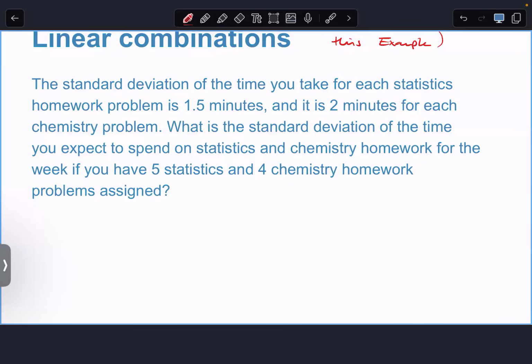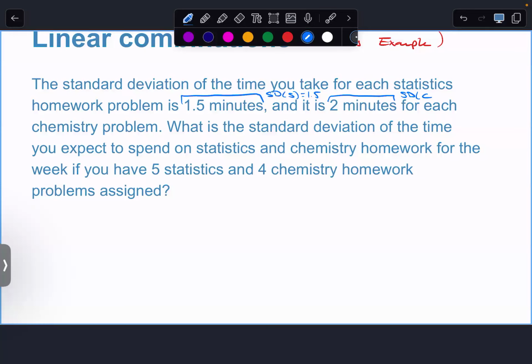The standard deviation of the time you take for each stats homework problem is 1.5 minutes, and 2 minutes for each chemistry problem. Using the same notation, the standard deviation of S was 1.5, and the standard deviation of C is 2 minutes. What's the standard deviation of the time you expect to spend on stats and chemistry homework for the week if you have 5 stats and 4 chemistry homework problems assigned?